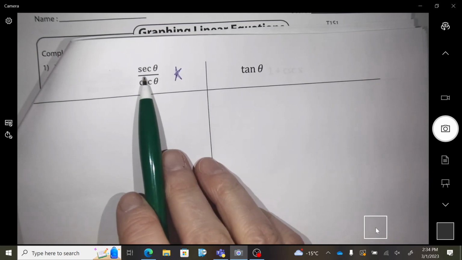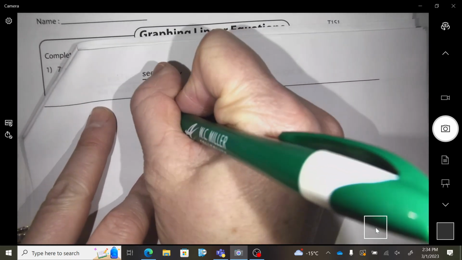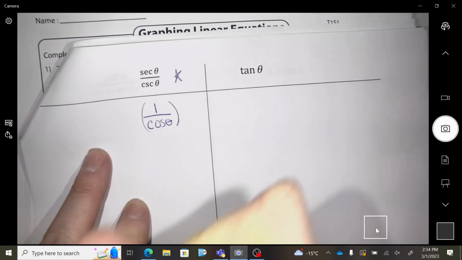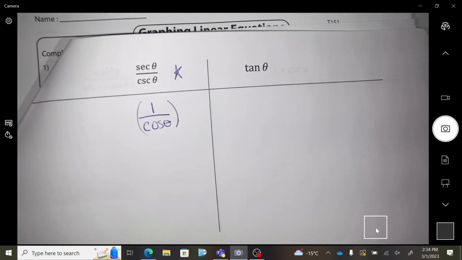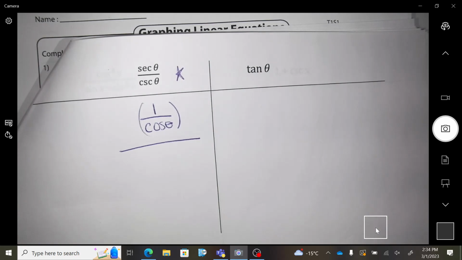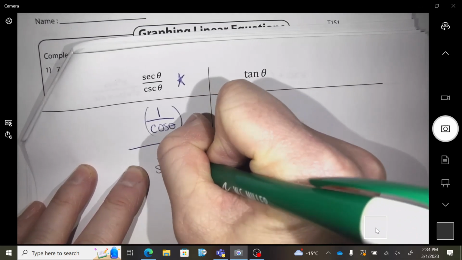What can you replace secant theta with? It's the flip of cos. So I replace secant with 1 over cos theta. Divided by. What can I replace cosecant with? 1 over sine theta.